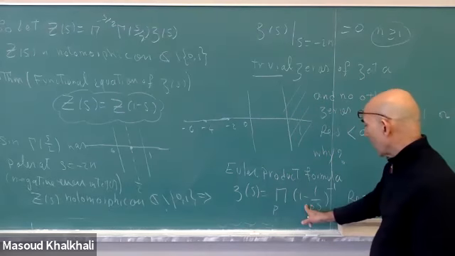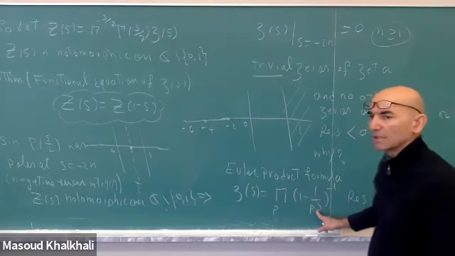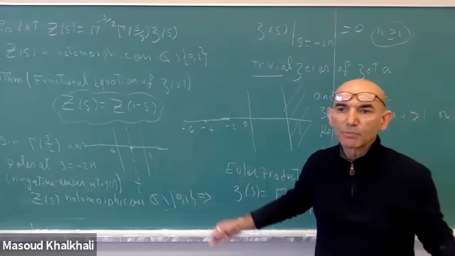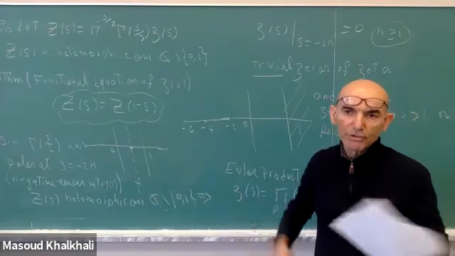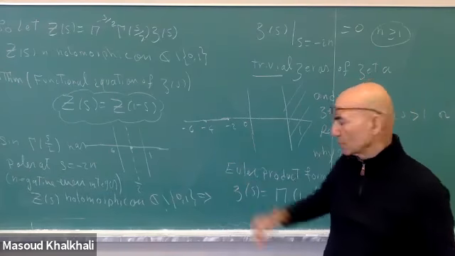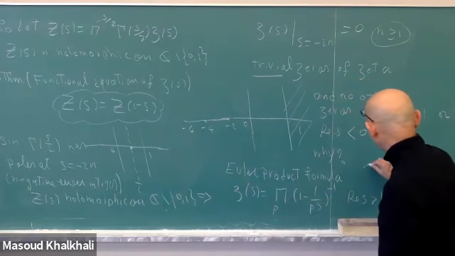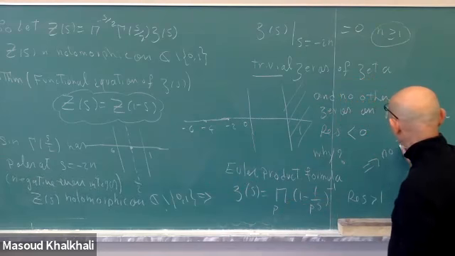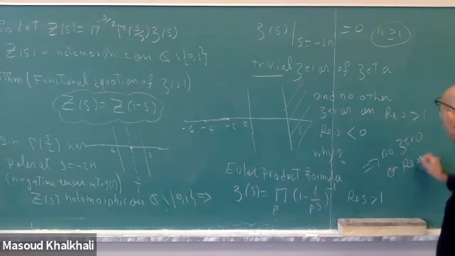So this implies that because this infinite product is convergent, and unless each term is 0 there's no way for it to be 0, there are no zeros on real part of s bigger than 1.